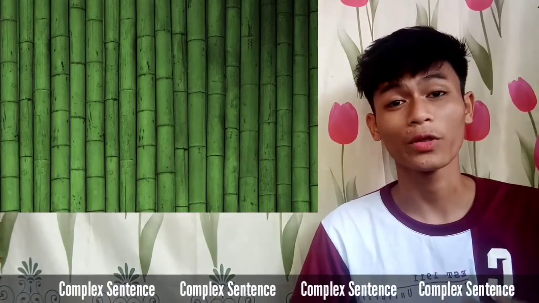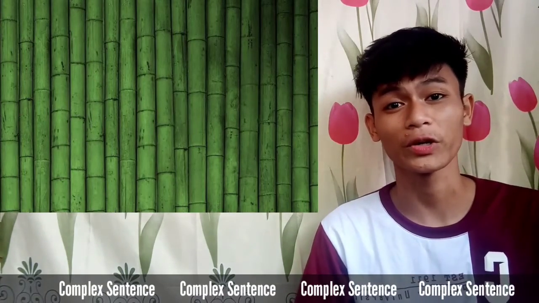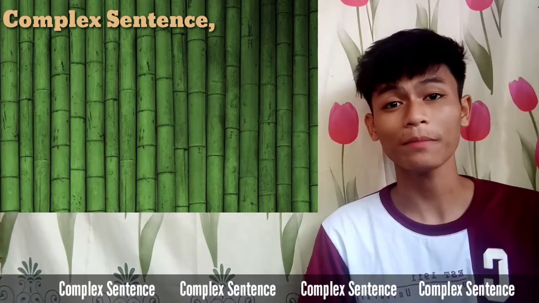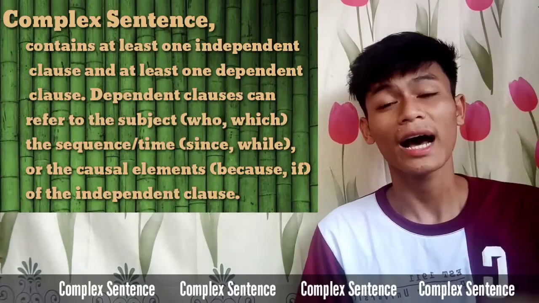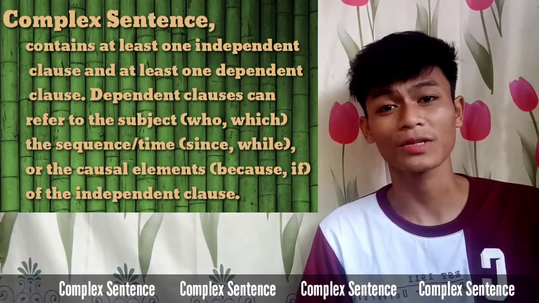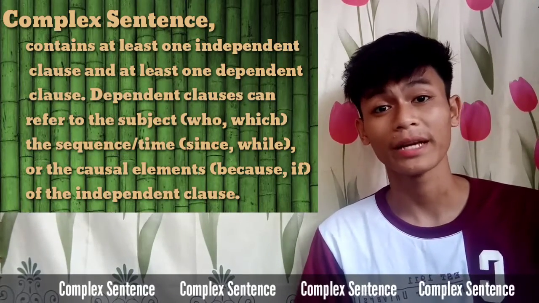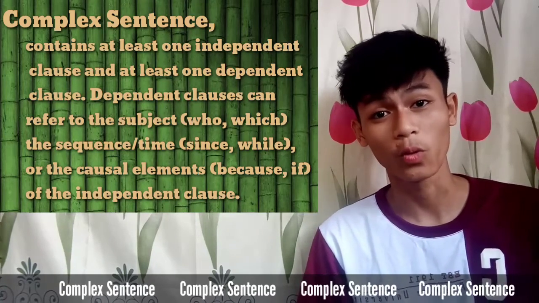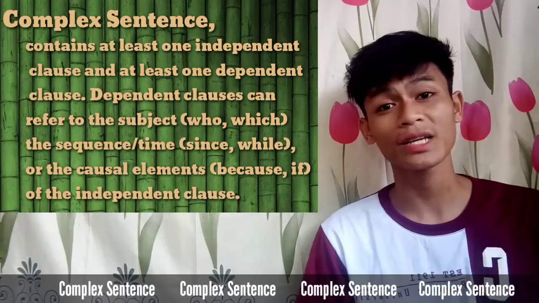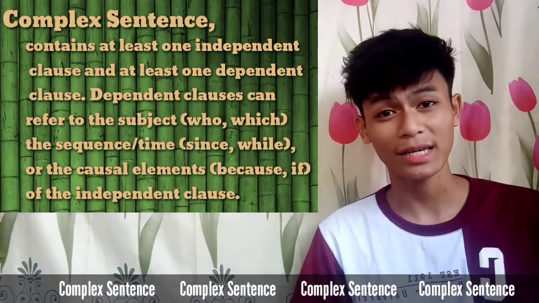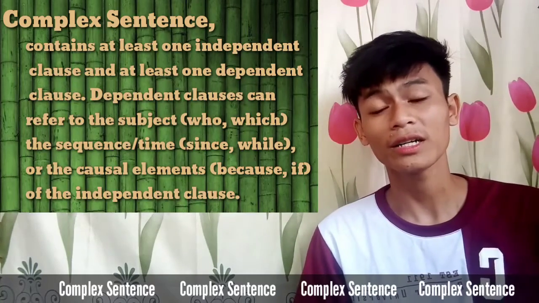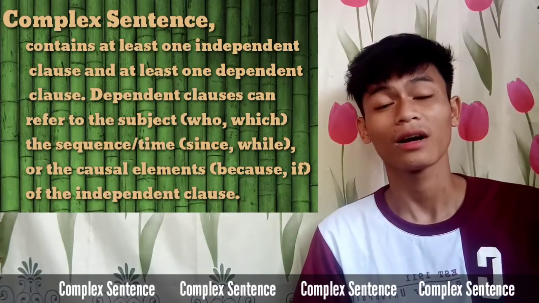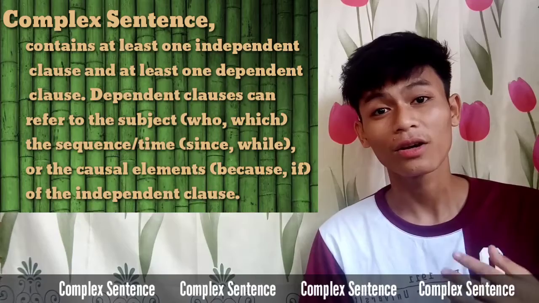Next, we have our third type of sentence structure, the complex sentence. Complex sentences contain at least one independent clause and at least one dependent clause. Dependent clauses can refer to the subject, like who or which, or the sequence or time, like since or when, or the causal elements, like because or if, of the independent clause.